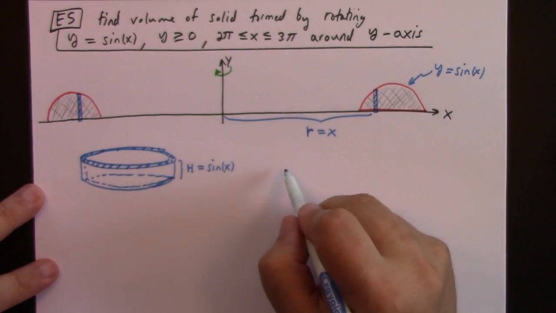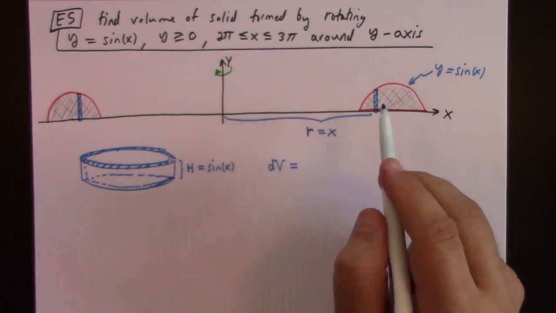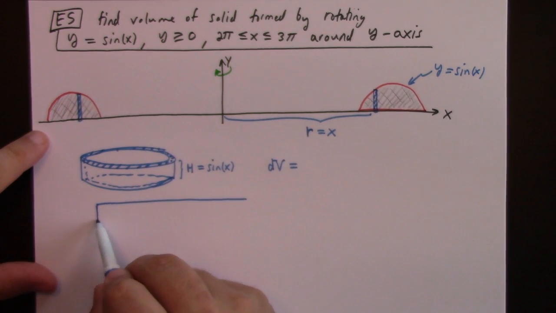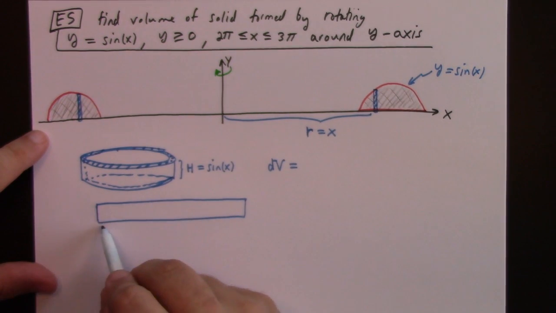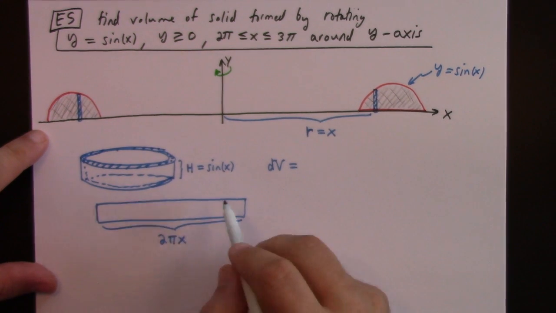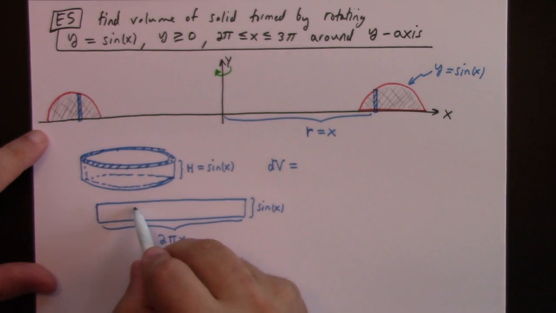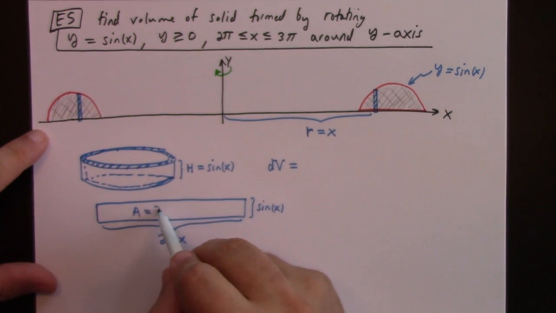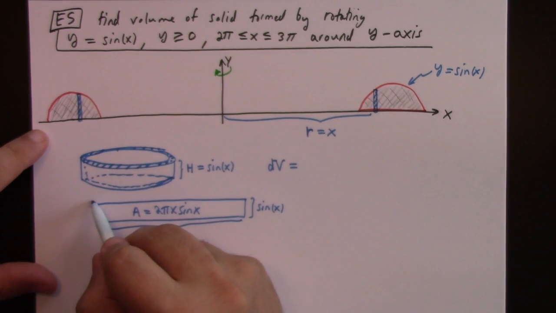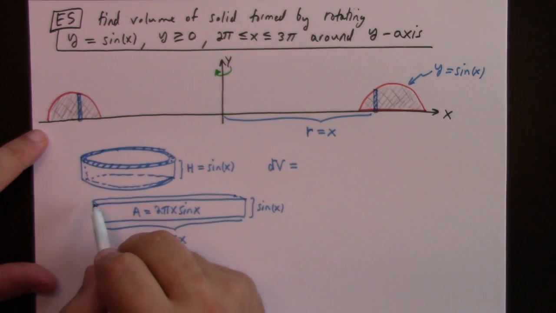And so here it is, dV is, let's see here, if you took this thing and you just laid it flat as a slab, the length of the slab would be the circumference of that circle, 2 pi x, right? And here's your sine x. So the area of this thing is just 2 pi x sine x, and the thickness of it, if you can imagine that, is just dx.